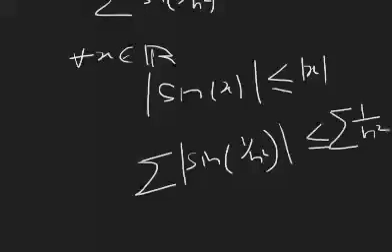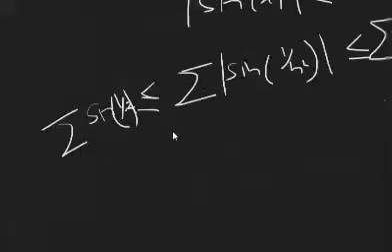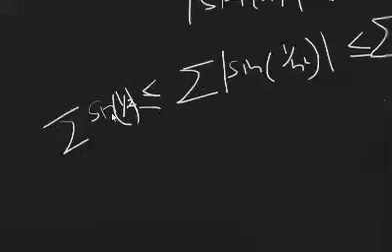We know that this one is convergent, then this one is convergent, which means the series is absolutely convergent.